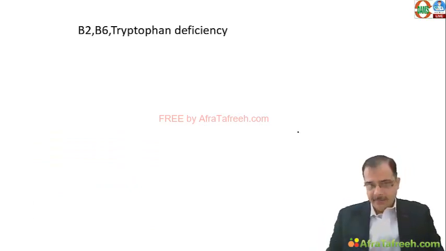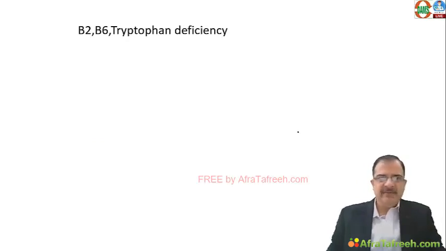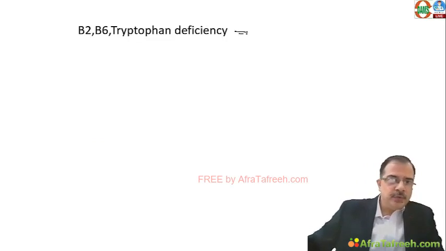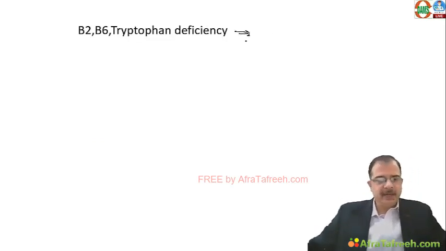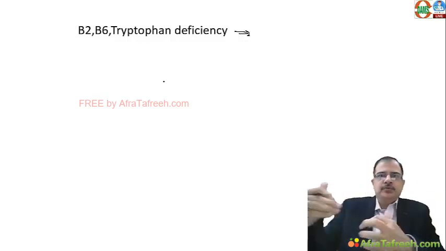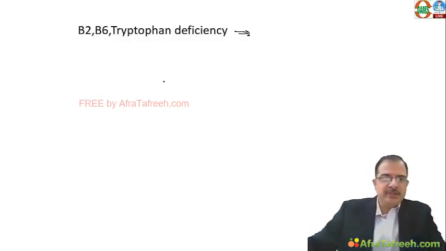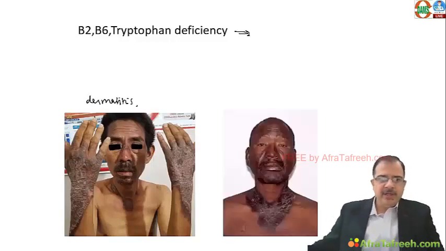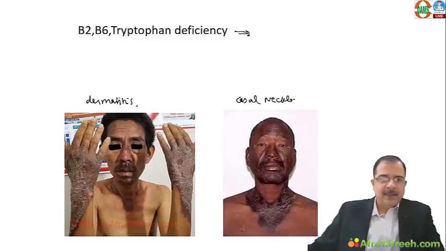Now, the patient has riboflavin deficiency or B6 deficiency or tryptophan deficiency. They predispose to this vitamin deficiency. So other deficiencies predispose to the particular vitamin deficiency, in which the patient has dermatitis in a very peculiar fashion, like a Casal necklace.